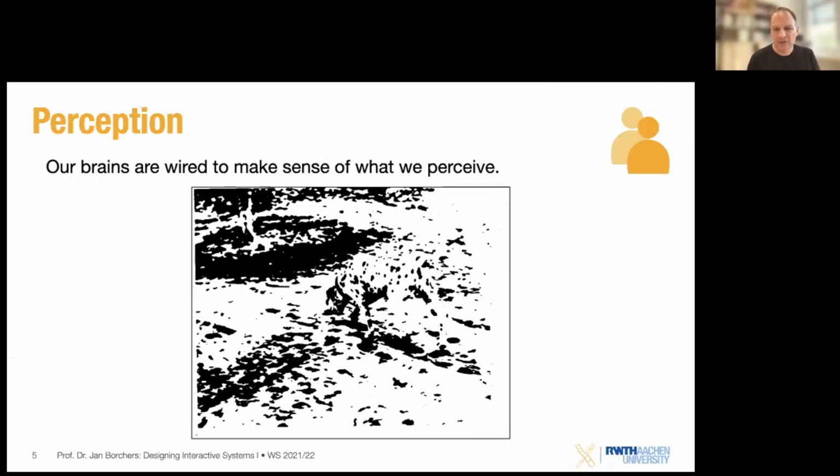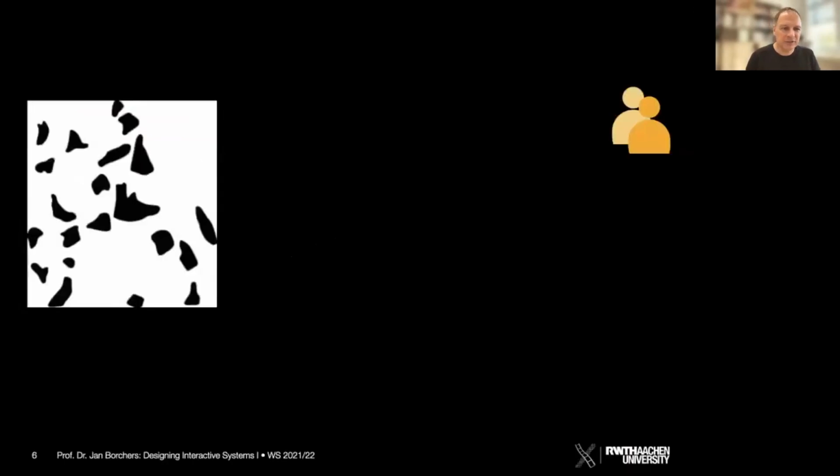There are more examples, of course, of the brain making sense of pictures. Anybody can tell me what you're seeing here? Again, you can just shout out if you see something. Someone riding a horse. Yeah, that's the rider on a horse, right? Again, you may see this, you may not see it.